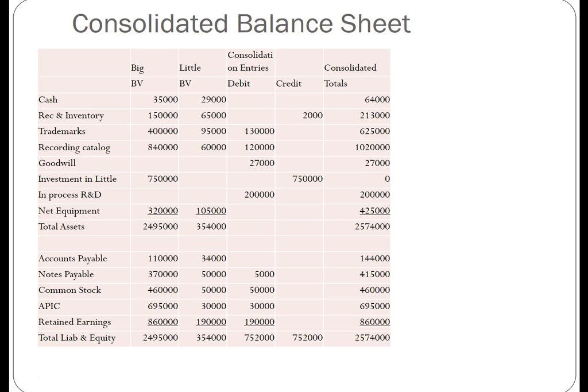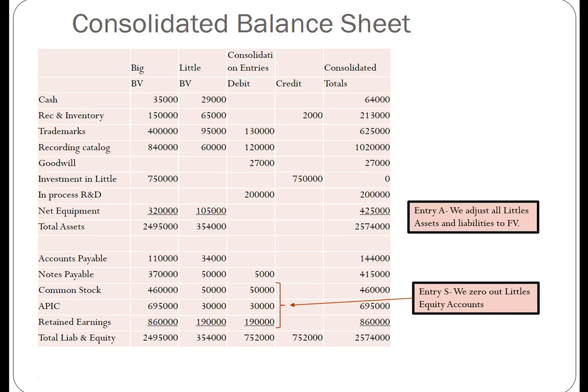Now let's go through the entries that you would use on the working papers. And you would do them in this order. It's pretty simple because it's at the time of the purchase. First, we're going to eliminate the equity accounts for the sub. That's what we call entry S. Those have a credit balance, so we would debit those.